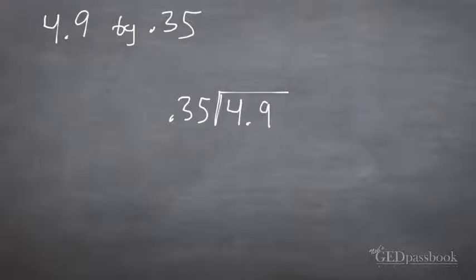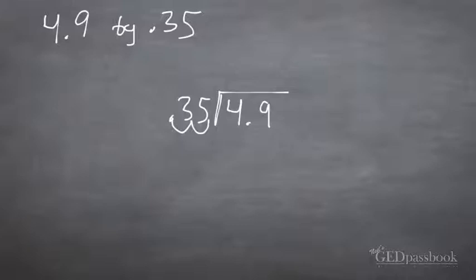So if you ever spot that the outside number is the decimal, what you must do is move the decimal place all the way to the end of that number, right? And then keep track of the steps.